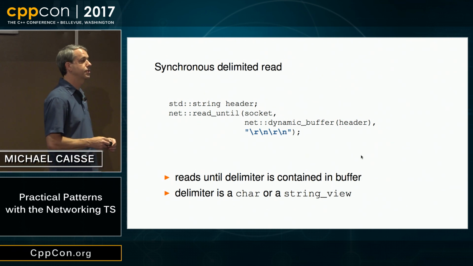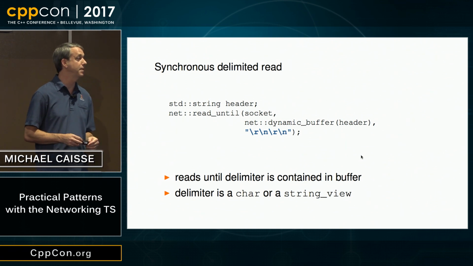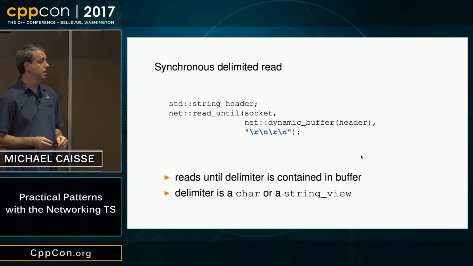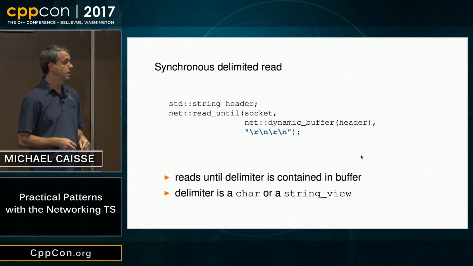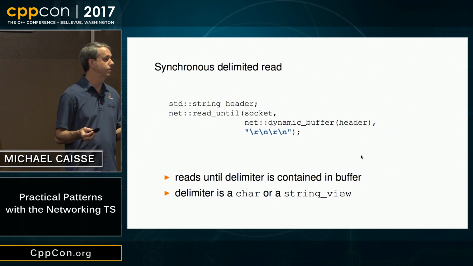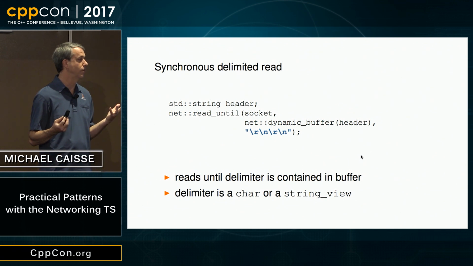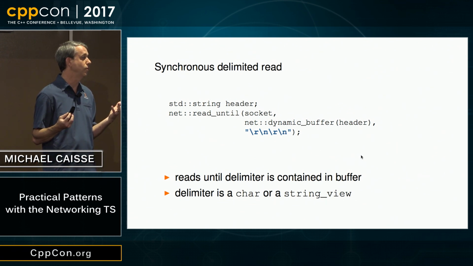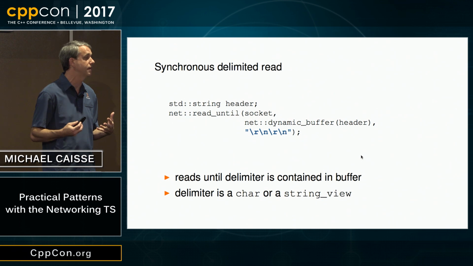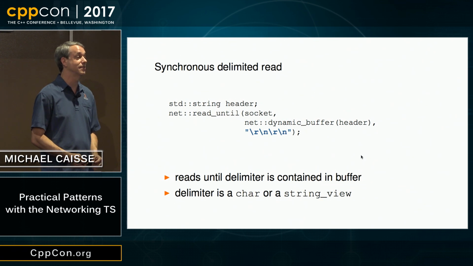All right, and the question is, in general, do you check to see if you've made it to the end? Yeah, the question is, how would you know if you've got it if you return? So if you have not received the thing you're looking for, the delimiter sequence, it will block. And so the only way it's going to return is that there's an error.